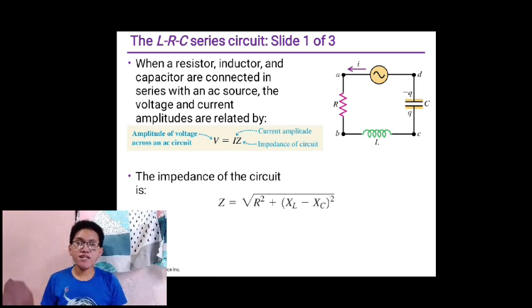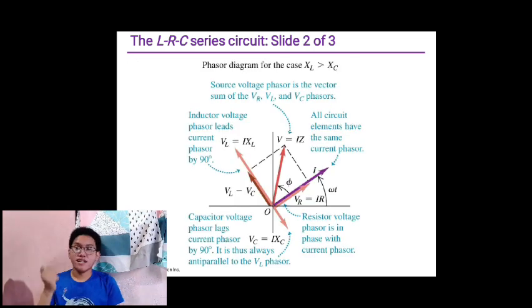Now, we have the L-R-C series circuit, also known as the inductance-resistance-capacitance series circuit.